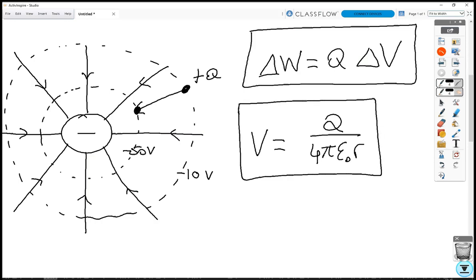And the Q in this equation is the one that's creating the field, not the one that's experiencing the force in that field. So this is the charge creating the field.